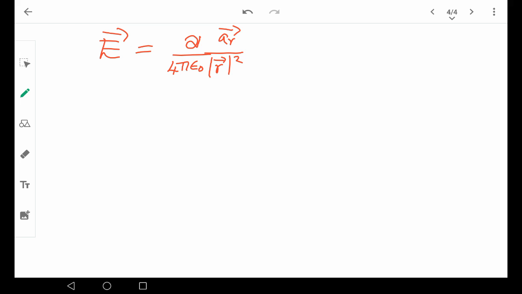Now, if you have 2 points here, you have a Q here, and because of that Q, you have an electric field.